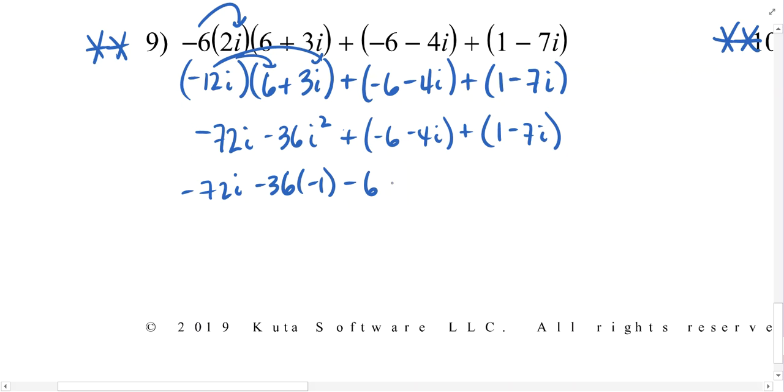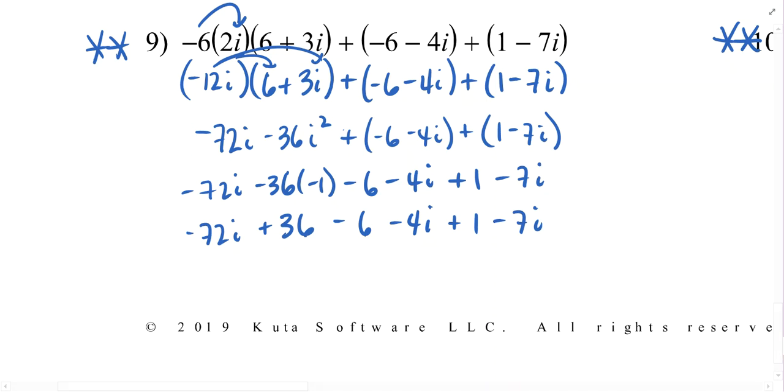That would be the same as minus 6 minus 4i plus 1 minus 7i, and negative 72i plus 36. That's the only change I'm making in this row. I'm changing the negative 36 times negative 1 to positive 36. Everything else is just copied down one more time.